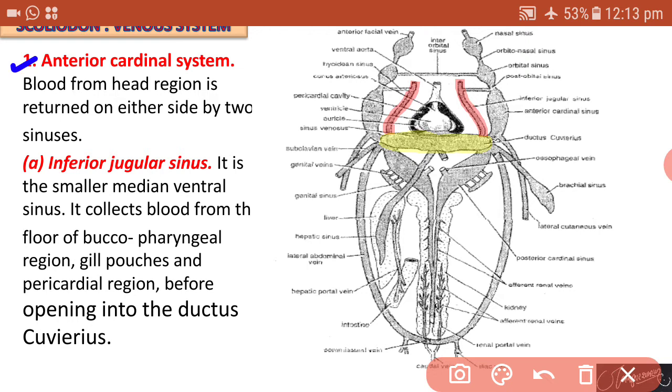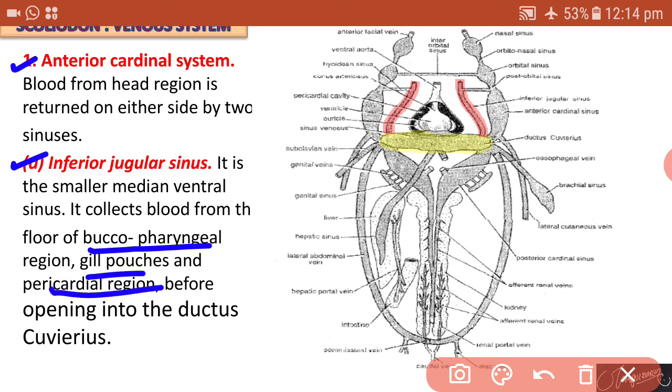This anterior cardinal system also has some major blood vessels. The first is the inferior jugular sinus. This inferior jugular sinus collects blood from the buccopharyngeal region, from the gill pouches and the pericardial region.